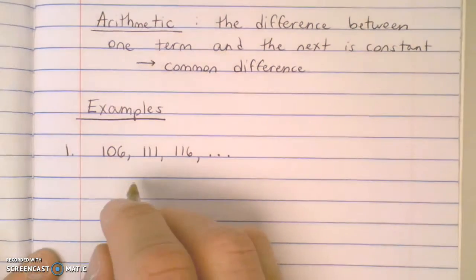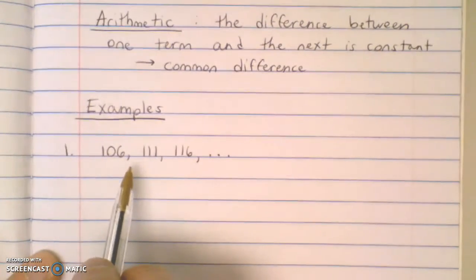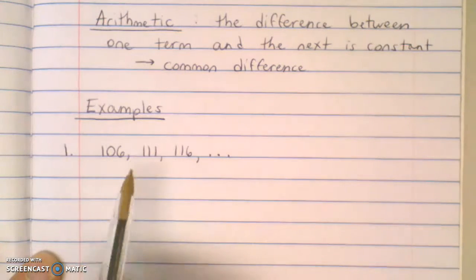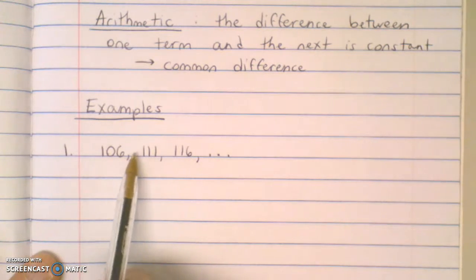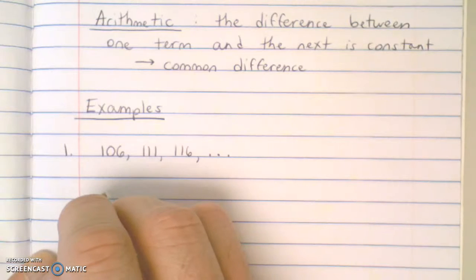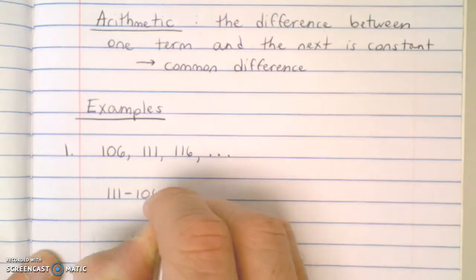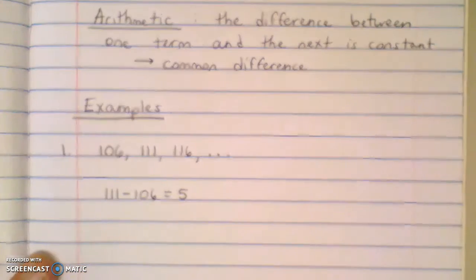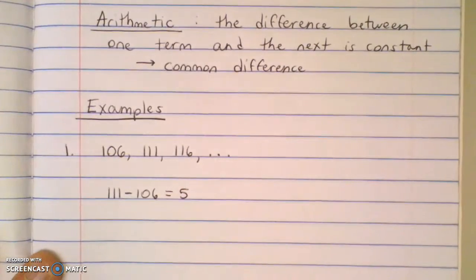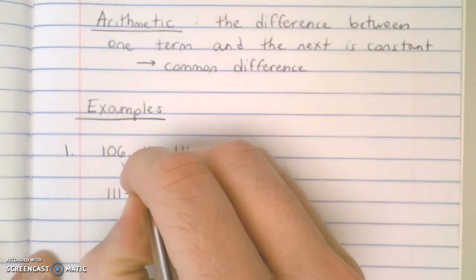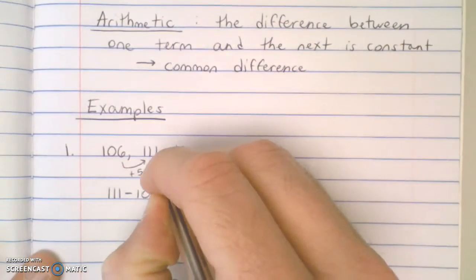to find the common difference, you just subtract two consecutive terms. You normally start with the second term minus the first term. So to find the common difference here, I'm going to do 111 minus 106, which gives you 5. So the pattern here to get from number to number is you're adding 5.